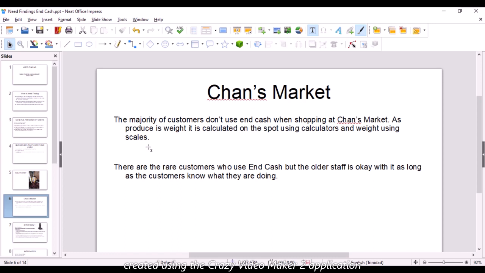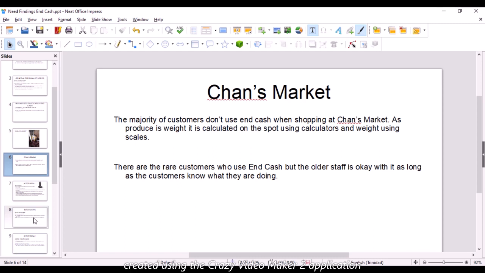There are the rare customers who use Encash, but the older staff is okay with it as long as the customers know what they're doing. So, in other words, they let the customers launch their app and make their purchases on their own.